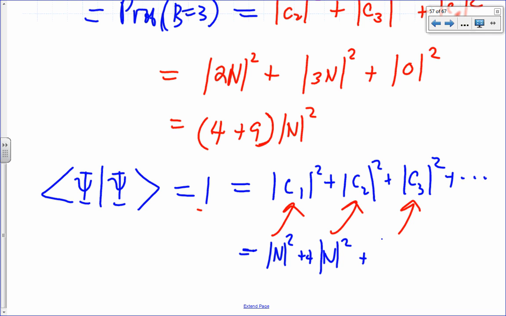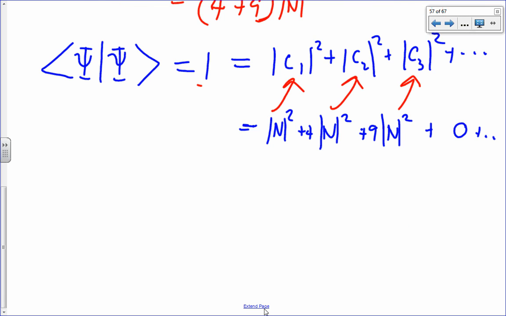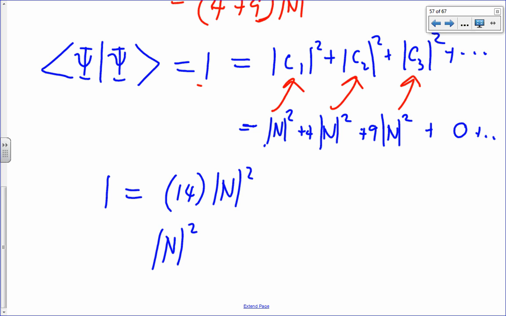And what is C3 squared? 9n squared. And everything else would be 0, right? So that means that 1 is equal to 1 plus 4 plus 9, that is 14 times absolute value of n squared. Absolute value of n squared is 1 over 14.